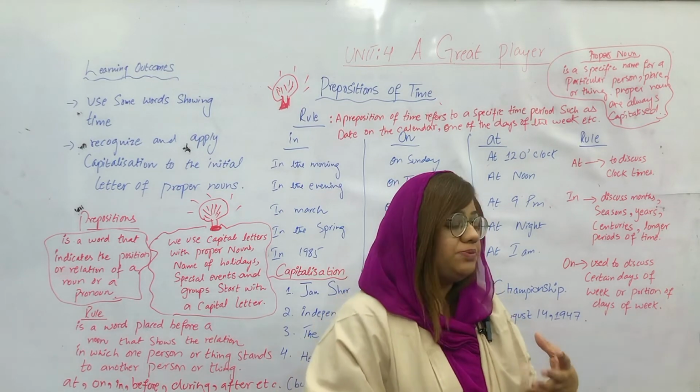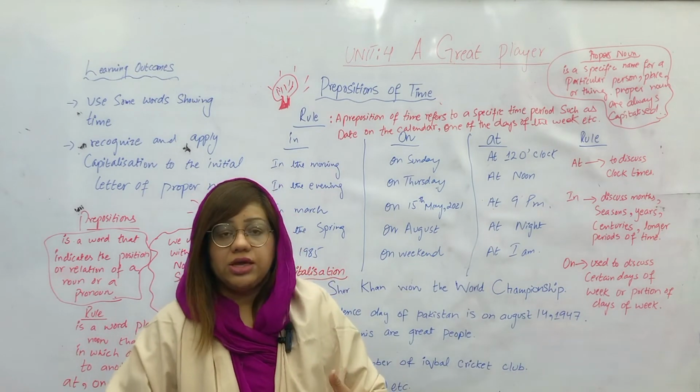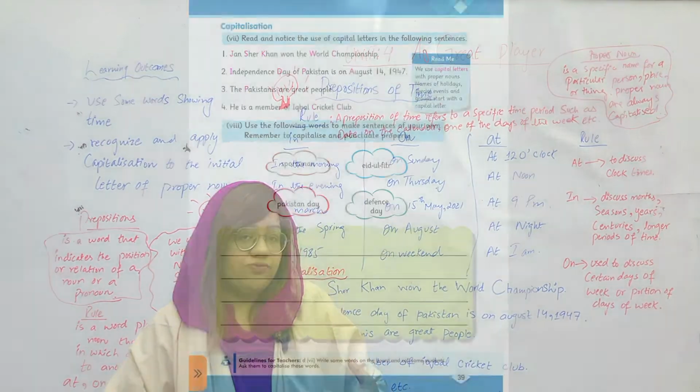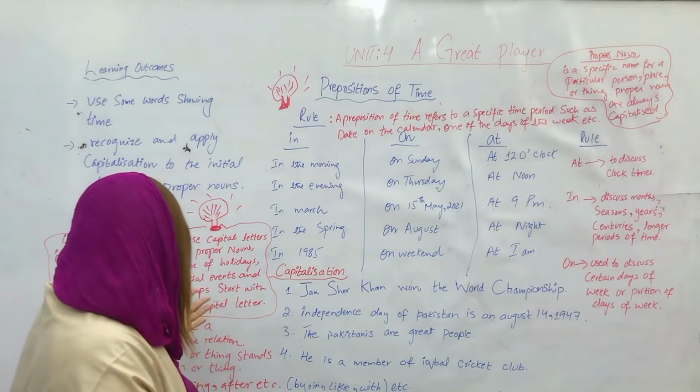An important thing or important work must be capitalized. Now you can see some sentences written on the board. In number one, I have already capitalized everything, but the remaining ones are not capitalized. We will do it in this lesson.